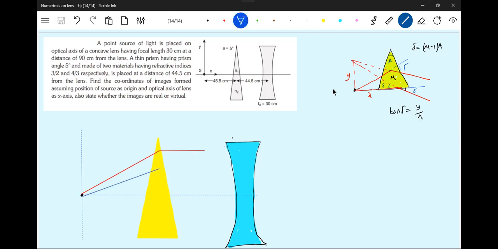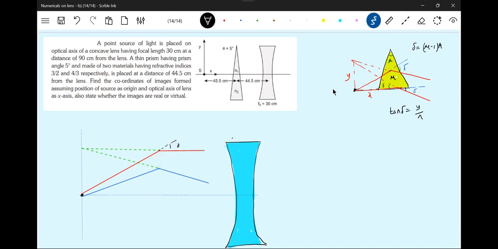Another ray, you can pick up any ray. So this is the deviation, no?